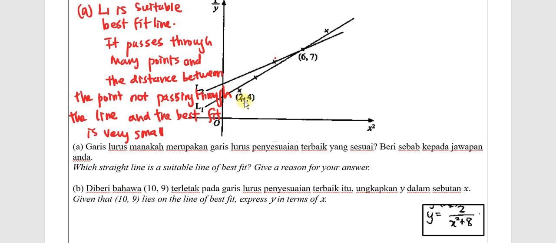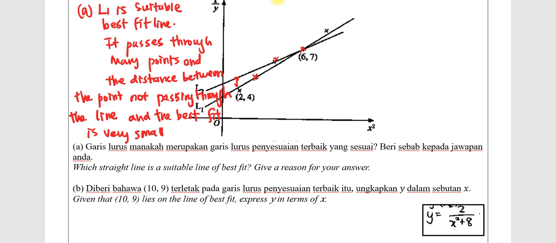So that means this one is also passing through 2 points, just like just now. So you need to tell about the distance only. The distance is very large here.